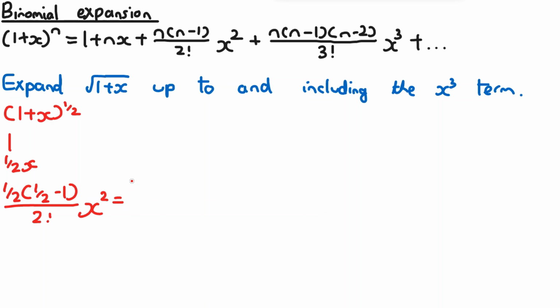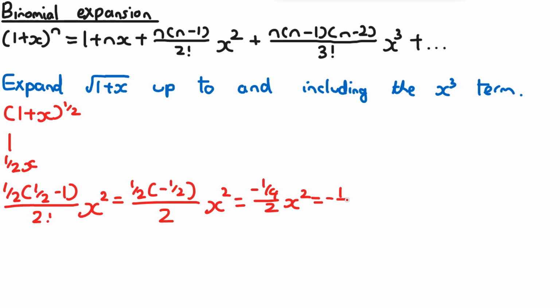We can simplify this to a half, and then a half minus 1 is minus a half, over 2 factorial, which is just 2 times 1, so it's just 2, then x squared. And this is going to be equal to a half times minus a half, which is minus a quarter, over 2, x squared. And then if you figure this out using fractions, minus a quarter divided by 2 is equal to minus 1 over 8 x squared, like this.